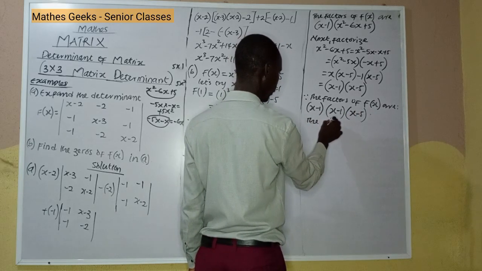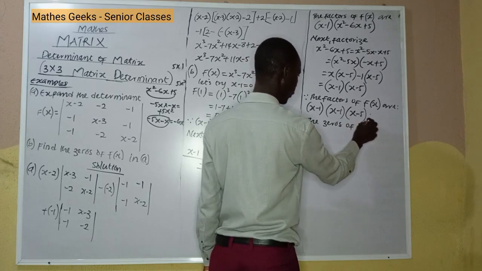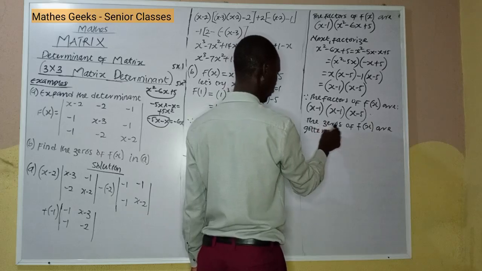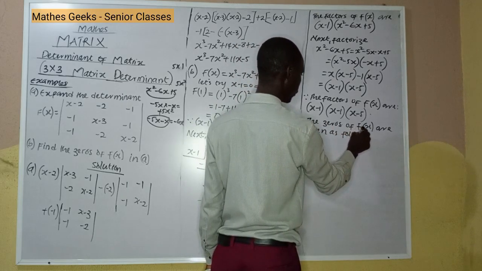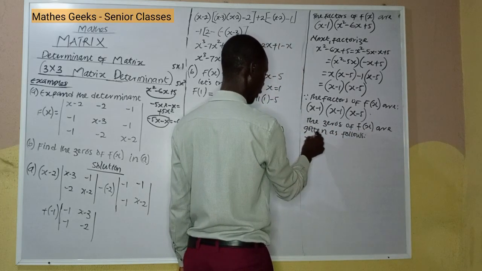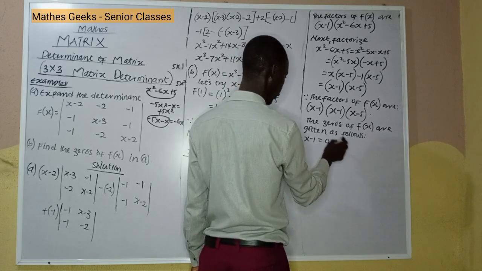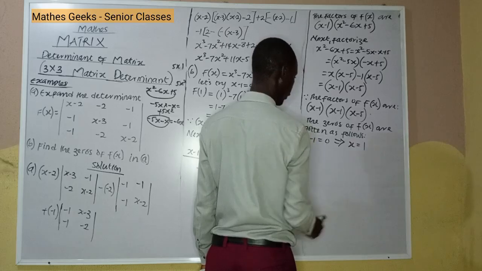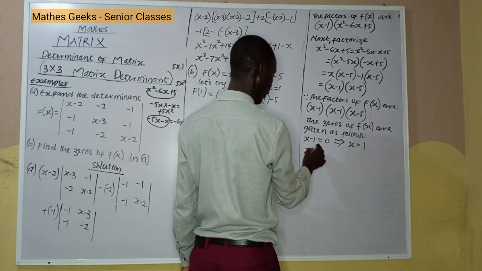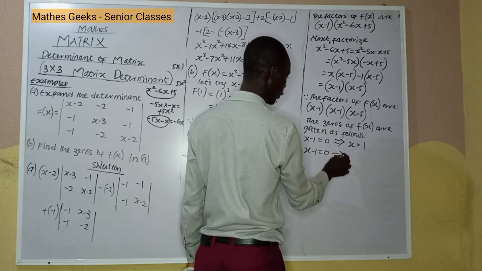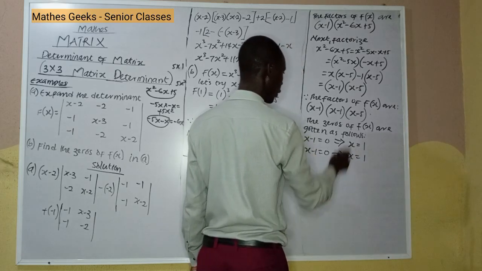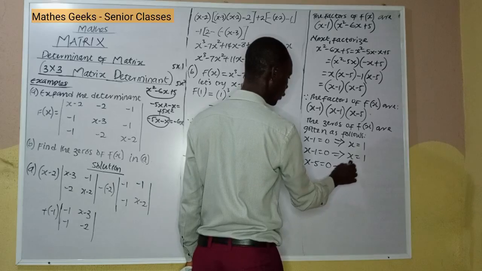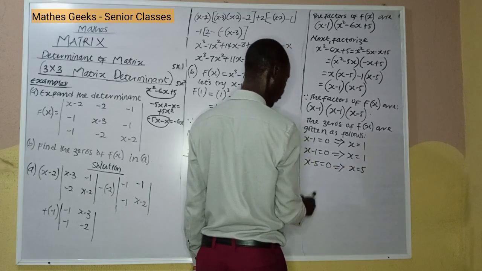The zeros of f(x) are gotten as follows. x minus 1 equals 0, which implies that x equals 1, and x minus 1 equals 0, which implies that x equals 1. And here, x minus 5 equals 0, which also implies that x equals 5.